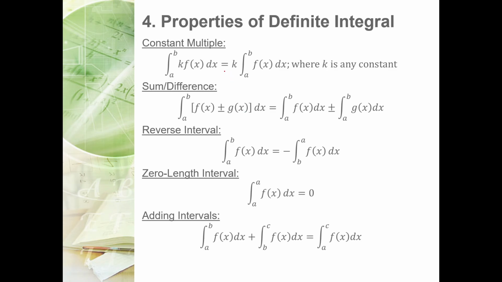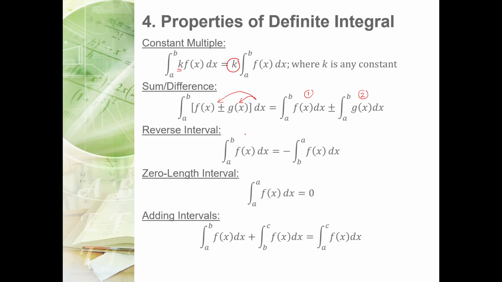So you can still factor out your constants outside the definite integral, the same as your indefinite. You can also split it into two different integrals if you have binomials. You can distribute dx, right? So you can have two different integrals, the same as before. I think this is not new to you.